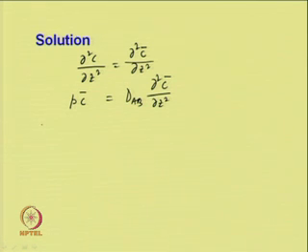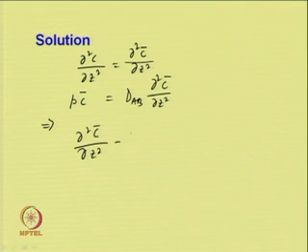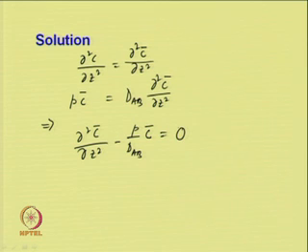So, this will lead to ∂²C bar/∂z² minus p by D_AB, C bar will be equal to 0. So, this is an ordinary differential equation of C bar.